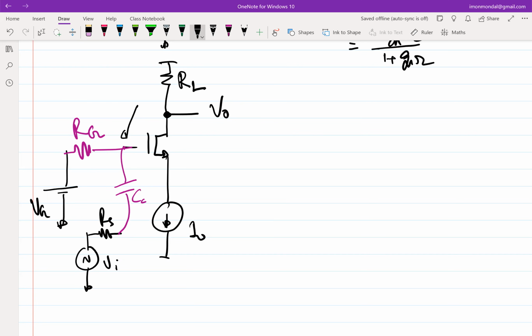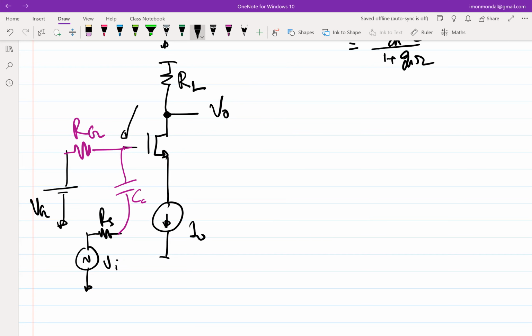So now tell me, what is the constraint on, let's say, CC to ensure that my signal gets coupled properly? The combined impedance of RS plus CC should be much less than RG. Yes, that's true.